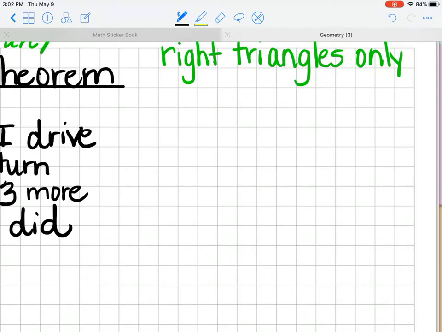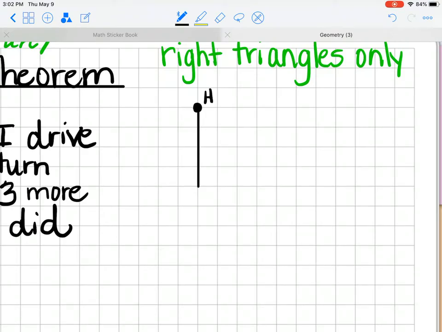So let's put a point down here for my house, and I'm going to call that H. So it says that I drive south for 4 miles. 1, 2, 3, 4. South is down. And then I turn left, and so I should have worded this a little differently.